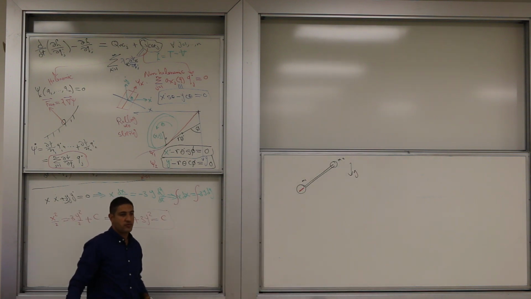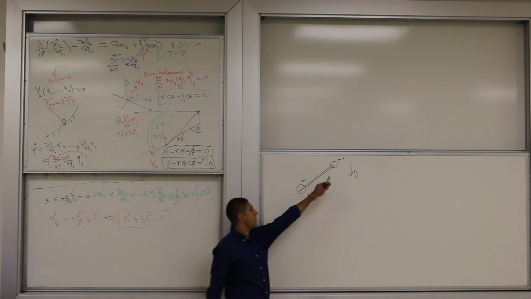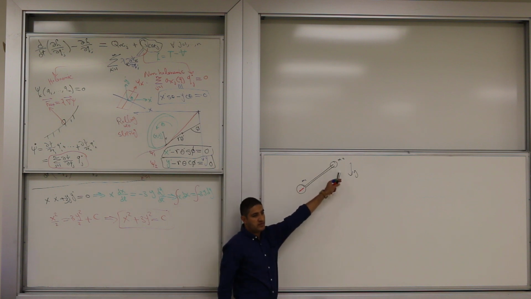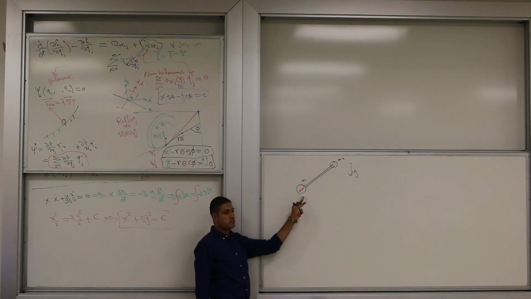How many degrees of freedom do we have? Let's list them first. What about this one? How many degrees of freedom does it have? Maybe 2, x and y in the plane. Then what about this one? In general it should have 2 degrees of freedom, x and y.